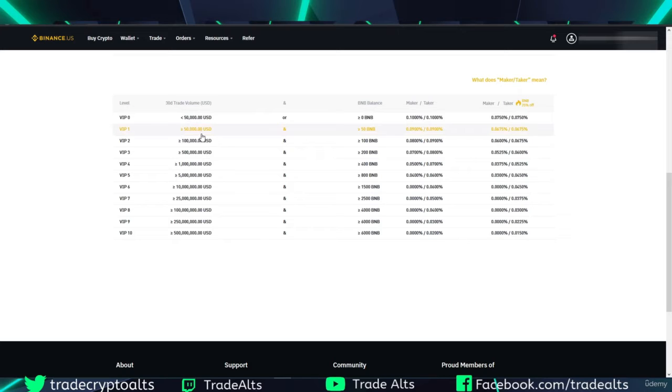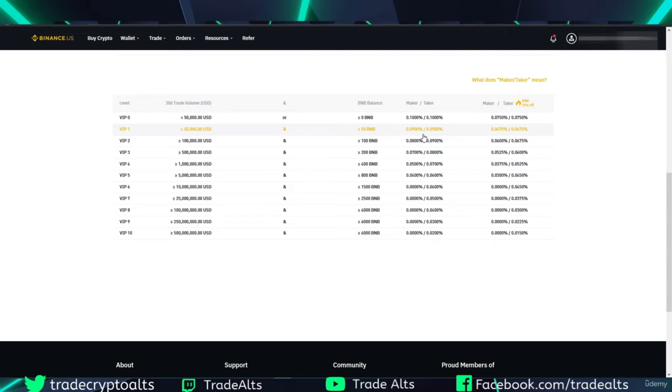I'm above $50,000, honestly well above it. But you also have to have greater than or equal to 50 BNB. Then if you meet those criteria, your maker and taker fees are 0.09%. So you get essentially a 10% savings just because you hold over 50 BNB.